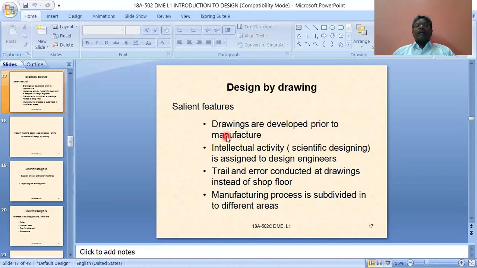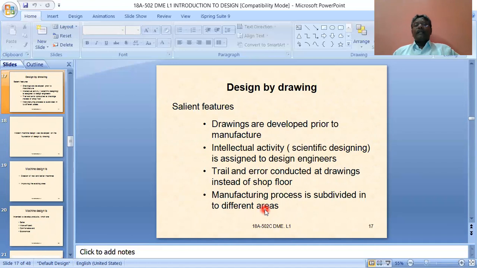Now here the second method is design by drawing. Salient features in this design by drawing are: drawings are developed prior to manufacture, that means before manufacturing, and intellectual activity, that means scientific designing, is assigned to design engineers, and also trial and error conducted only on drawings instead of shop floor, and manufacturing process is subdivided into different areas.